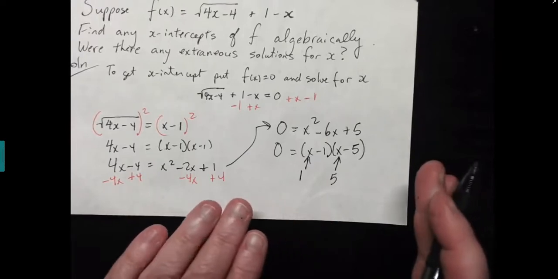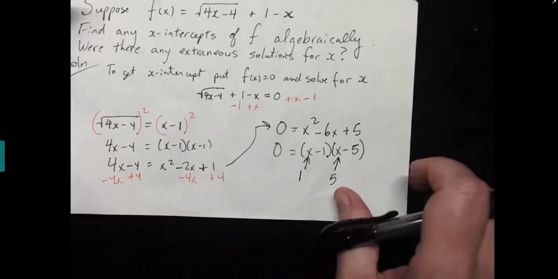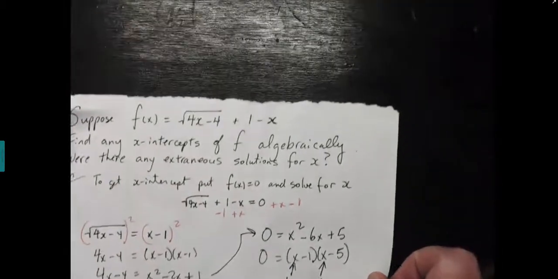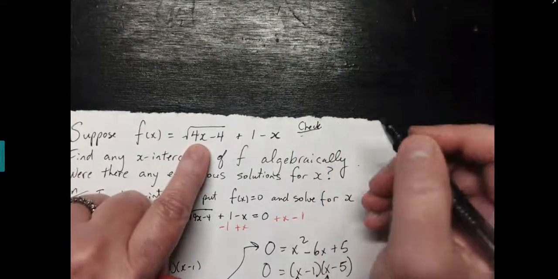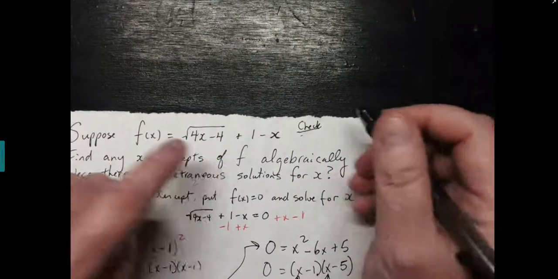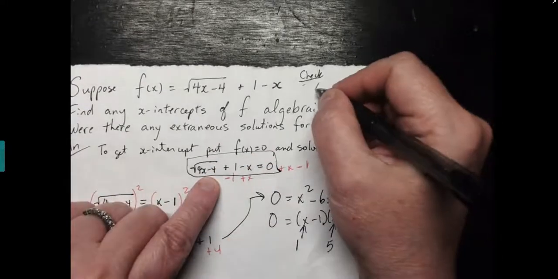Now, not so fast. One or both of them could be extraneous. So we have to check. You must go back and check. So what happened in the original equation? So what happens if x is equal to 1?